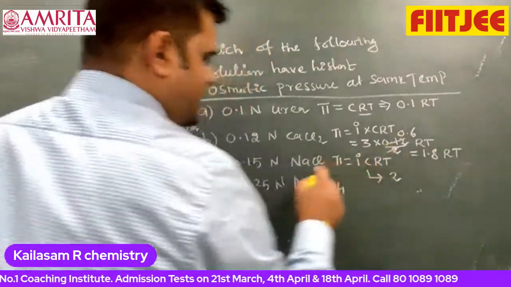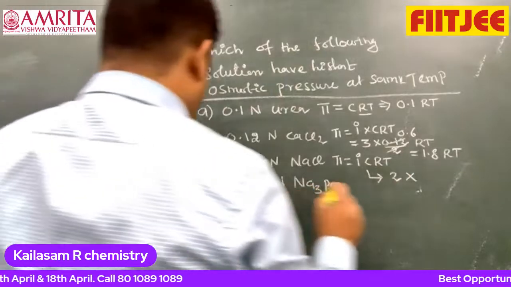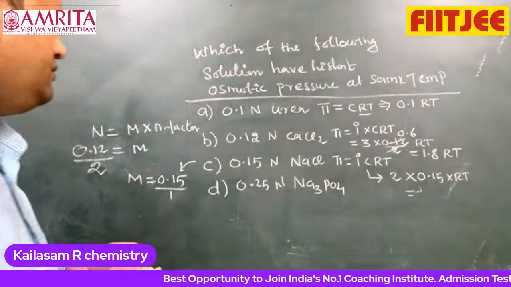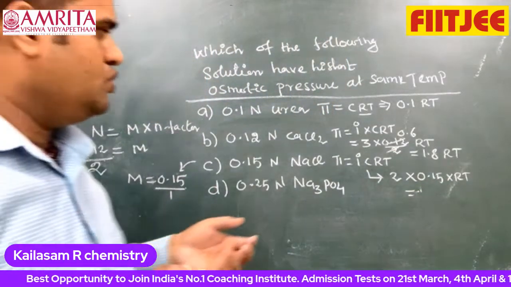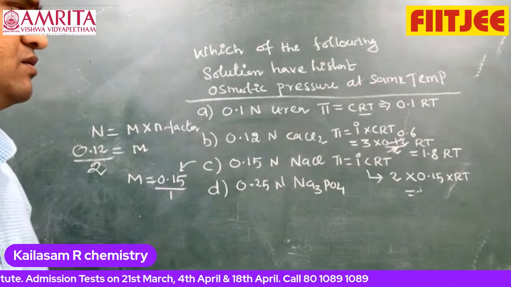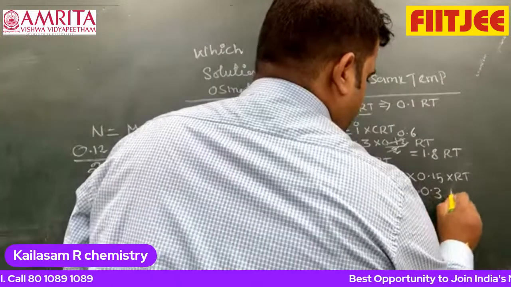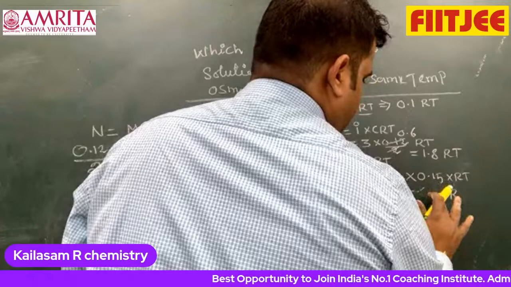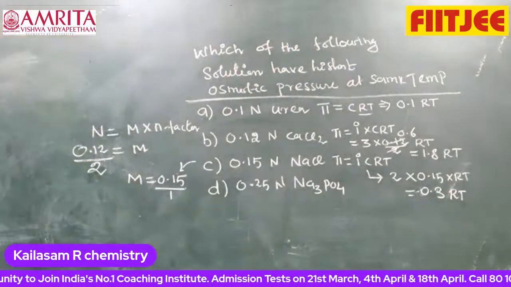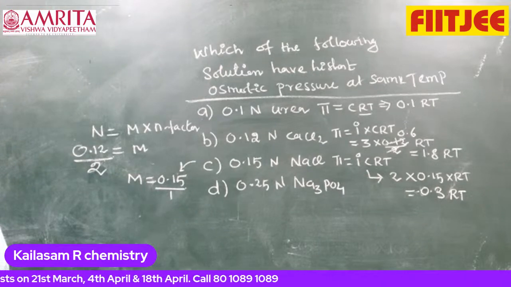In this case i is 2, because NaCl produces 2 ions, Na+ and Cl-. So 2 into M, which is 0.15, into RT. Therefore 2 into 0.15 is 0.3 RT. Fine.